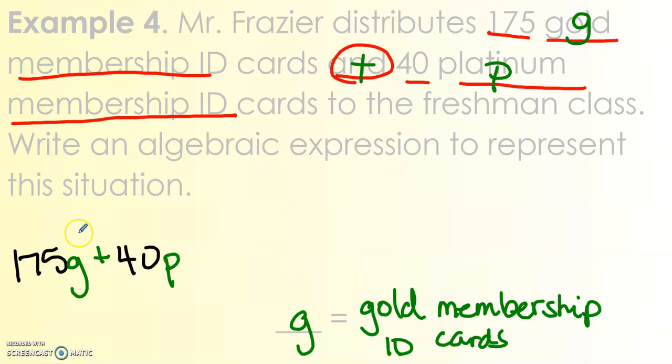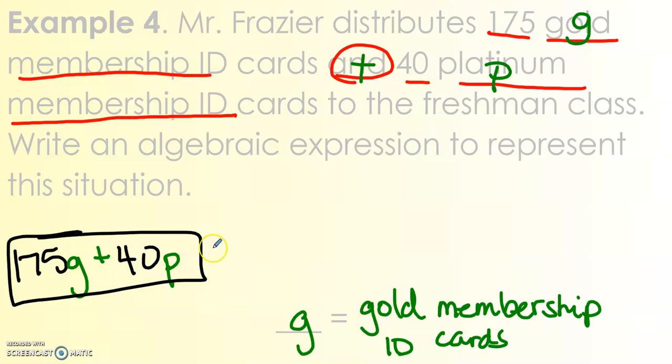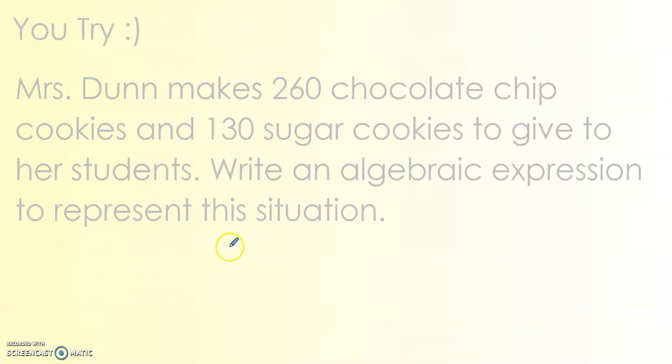This expression represents the situation. So we've gone from our verbal, or our word problem in this case, to algebraic. Go ahead and try this last problem and bring your answers and questions to class tomorrow.